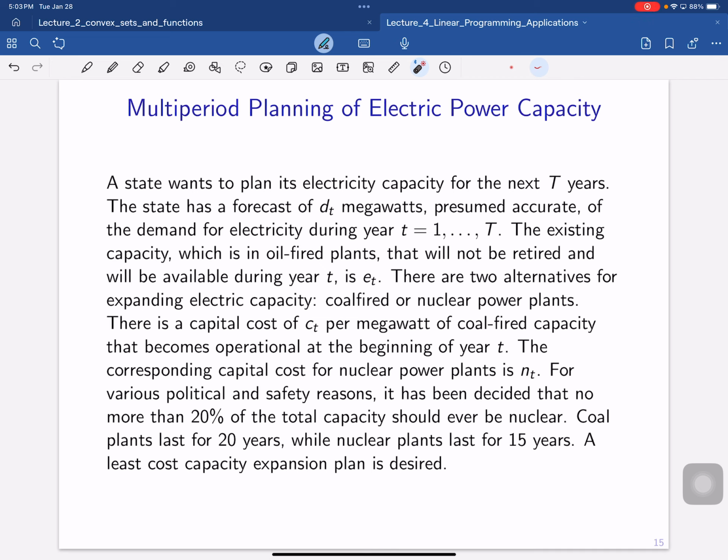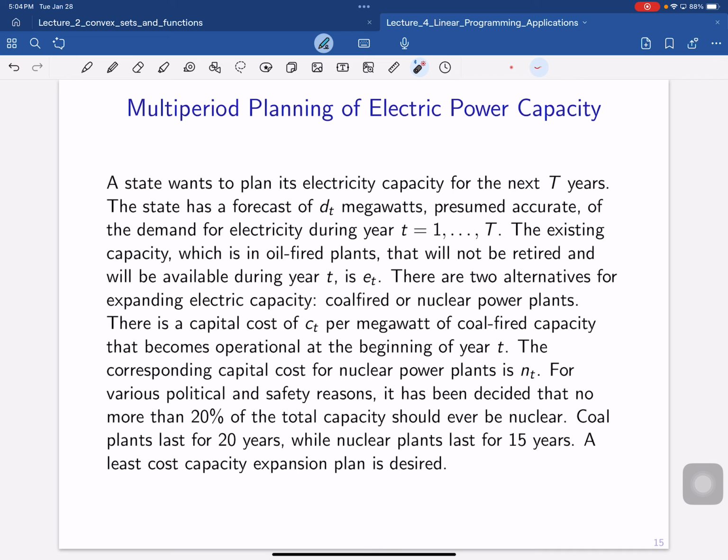Let's suppose a state wants to plan its electricity for the next T years. The state has a forecast of D_t megawatts for year t. That's the demand of electricity at year t. And the existing capacity, which is in oil-fired plants, that will not be retired and will be available during year t is E_t.